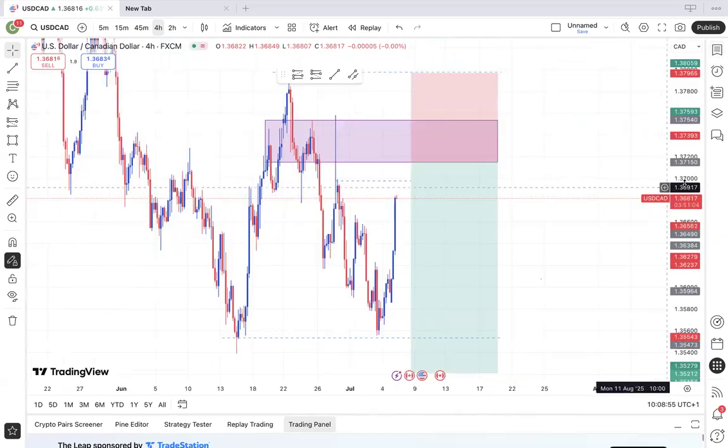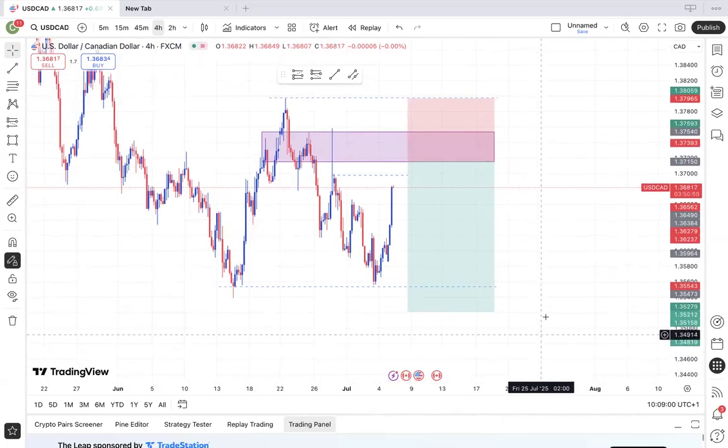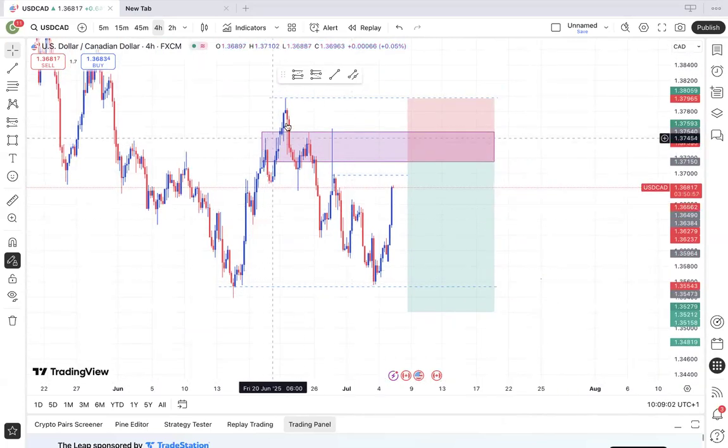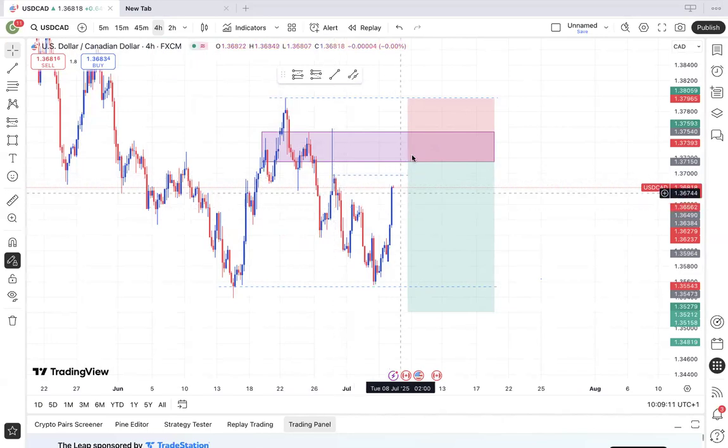So USDCAD is currently approaching its POI that we marked out. So we just have to be patient enough to see how it goes. And why did I mark it out? This is basically a high that swept up this previous high. So you sort of mark out this area, and then you have this lower high region here that market is supposed to take out.